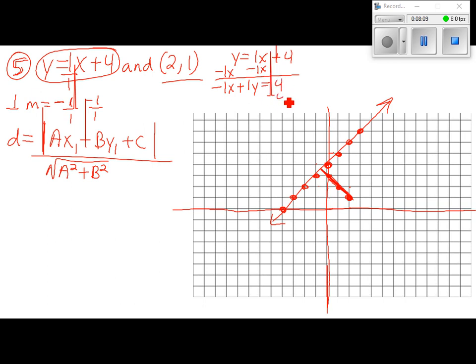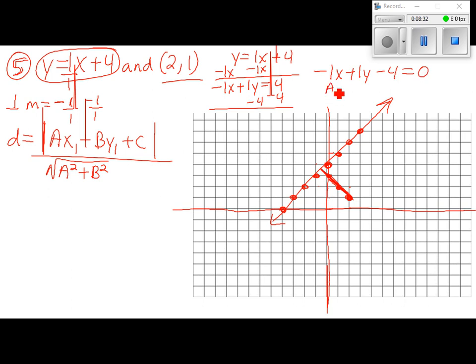Then we have to move the 4 to the other side, so we subtract 4 on both sides, and I'm going to rewrite it over here. It's negative 1x plus 1y minus 4 equals 0. We want it in that form where everything's on the left and zero's on the right.